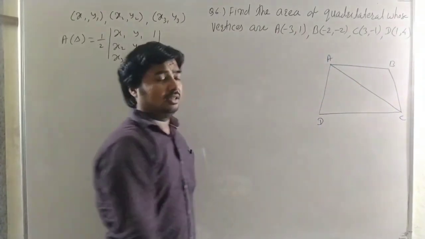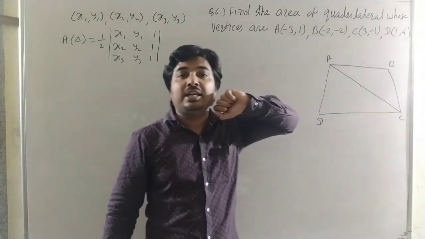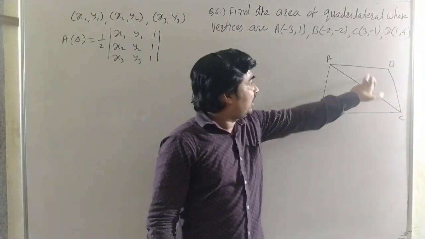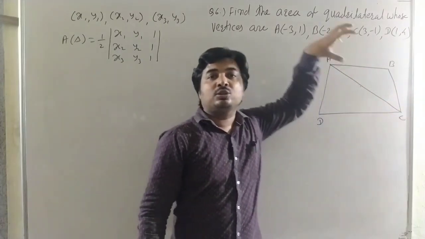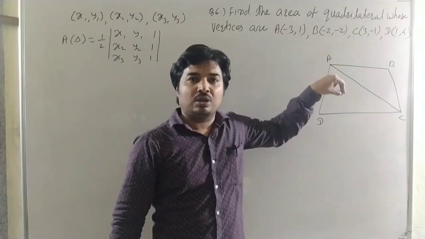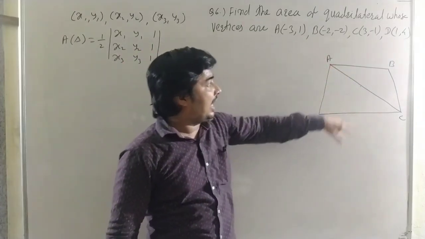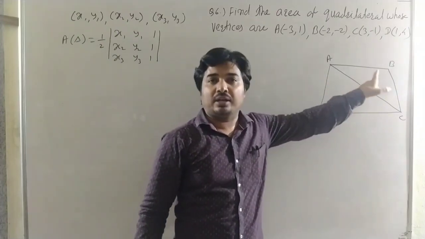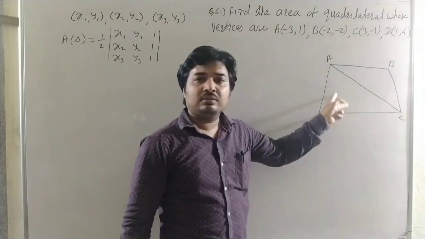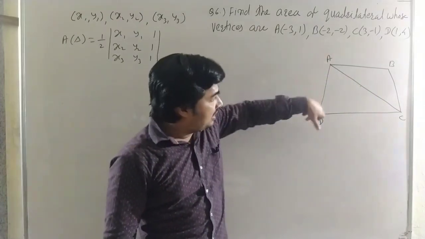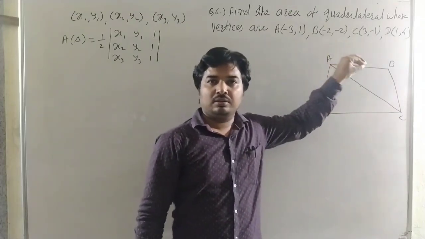Here we can draw the diagonal AC, giving triangle ABC and triangle ADC. The area of the quadrilateral is the addition of the areas of these two triangles. So first find the area of triangle ABC and then the area of triangle ADC, and adding both areas gives the complete quadrilateral.